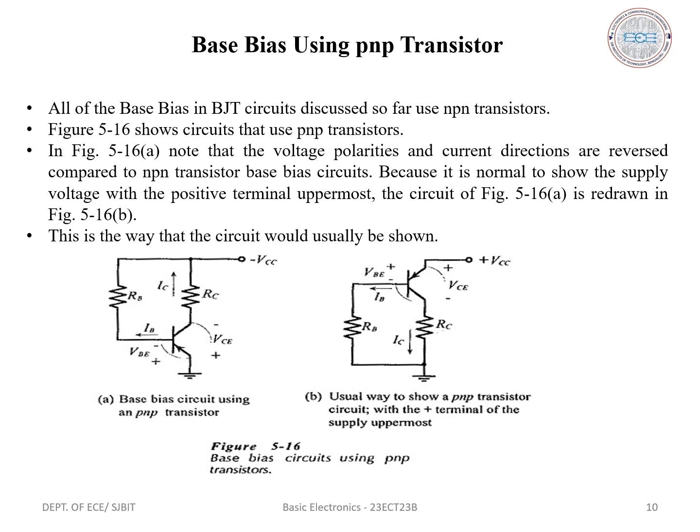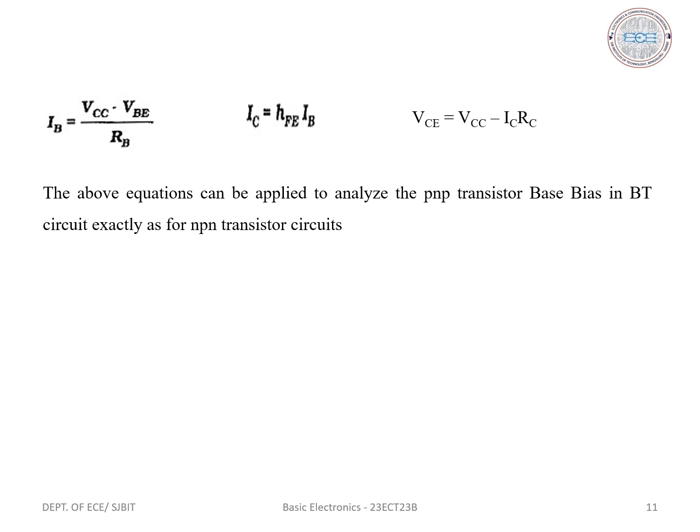Figure A shows the base bias circuit using a PNP transistor, and the second figure B is the usual way to show a PNP transistor circuit with the positive terminal of the supply uppermost. Next we will look at the equations.